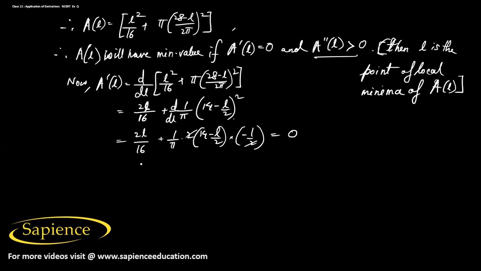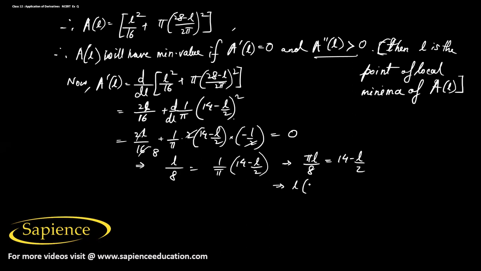So 2 and 2 will cancel. Therefore 2 8s are 16, so L by 8 should be equal to 1 by pi into 14 minus L by 2. So pi L by 8 is equal to 14 minus L by 2.